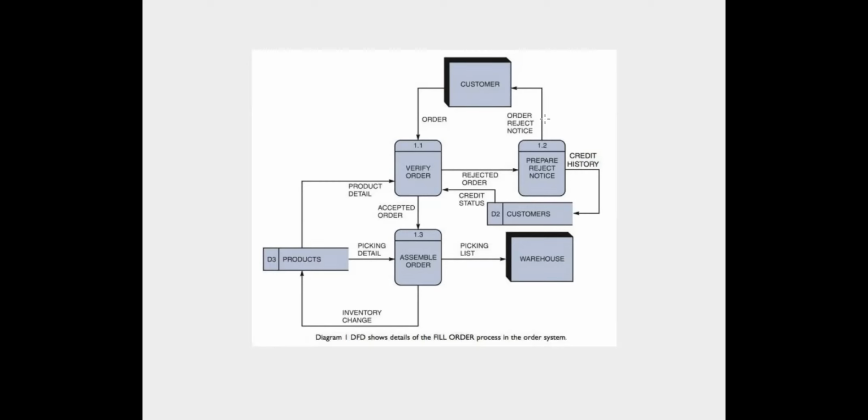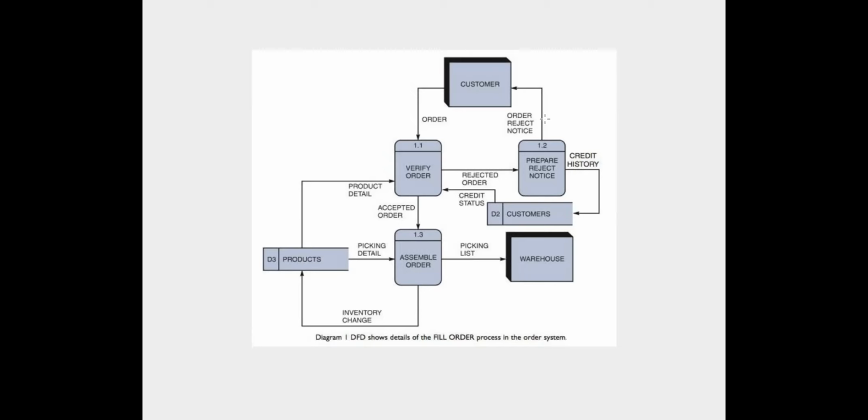So that's how we go into detail. From an examination perspective, you should understand that a context diagram has one single process and no data stores, but when you go to level 0, additionally you will have data stores.